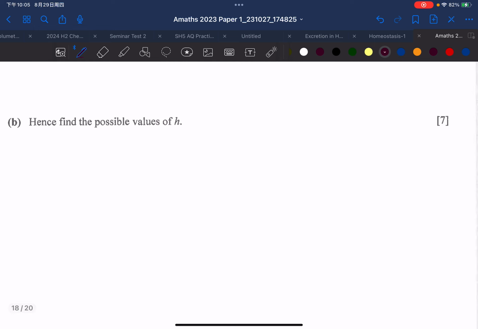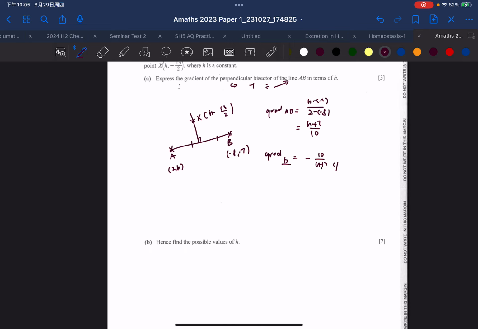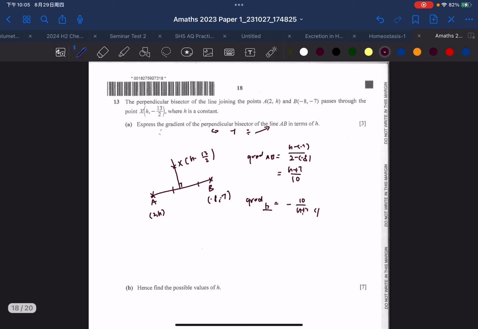Okay, so find the possible value of h. So this one you actually need to manipulate with. In fact, you need to find the equation. So there are a lot of ways to do this question.